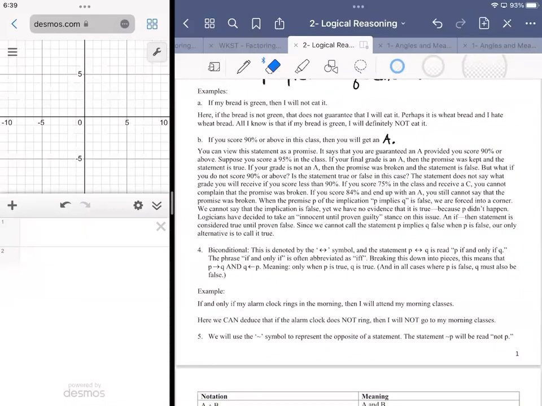So the biconditional, that's the weirdest one, because in terms of the way we would state it in a math class, there's no legitimate expectation that anybody would use this verbiage in real life.